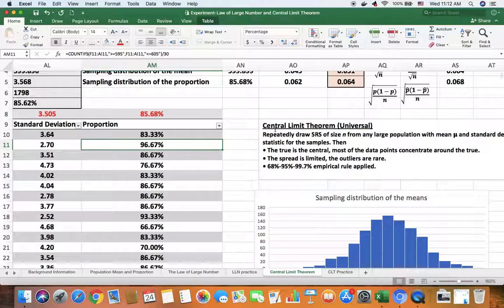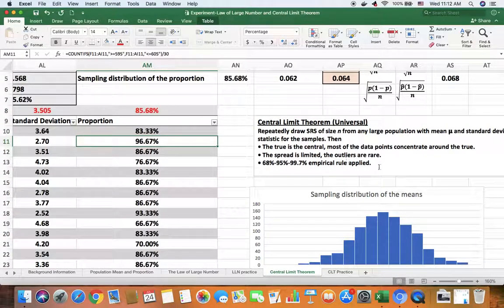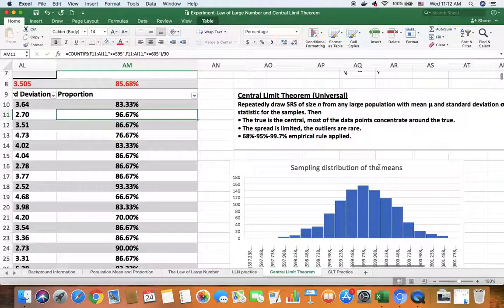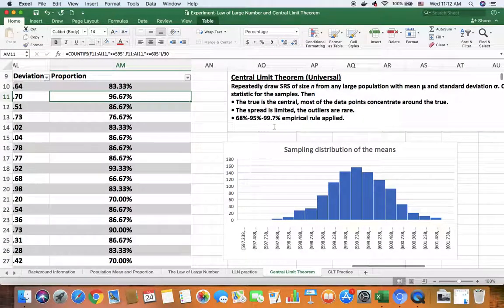That is where the central limit theorem comes from. In a normal distribution, the truth is in the center. The mean is in the center. Here we just express it as the truth is in the center. The spread is limited, and the empirical rule applies.